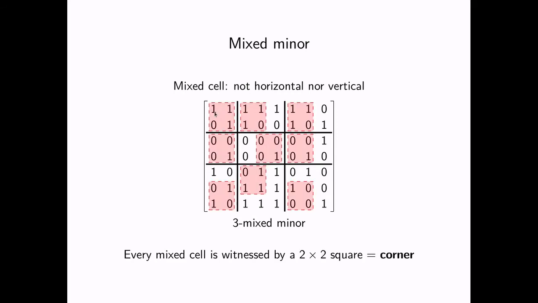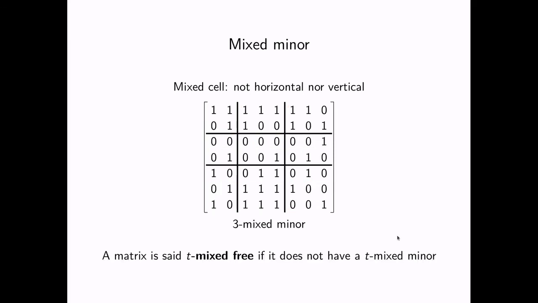And there is a local witness of that. You can witness that something is not horizontal nor vertical by a contiguous 2 by 2 submatrix. Here I represented this thing that we call a corner. Again, a matrix is T-mixed free if it doesn't have a T-mixed minor. So this matrix is not 3-mixed free.